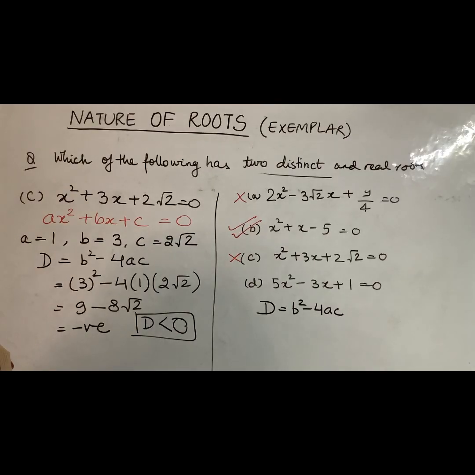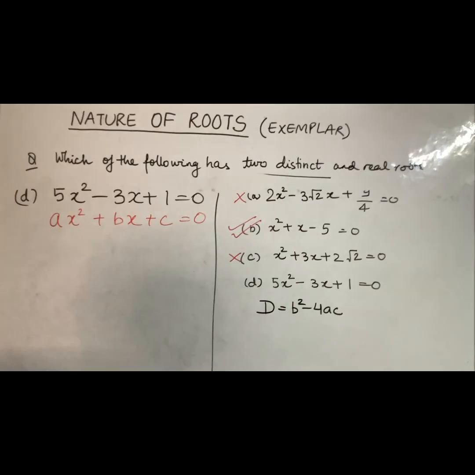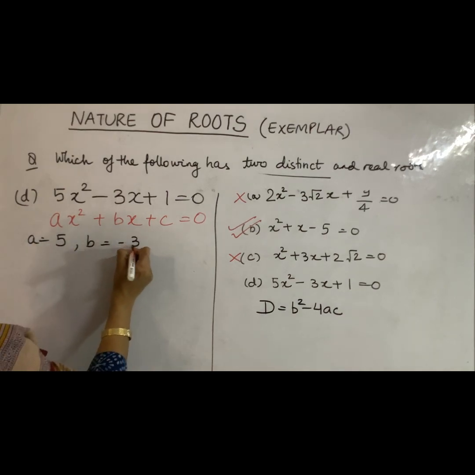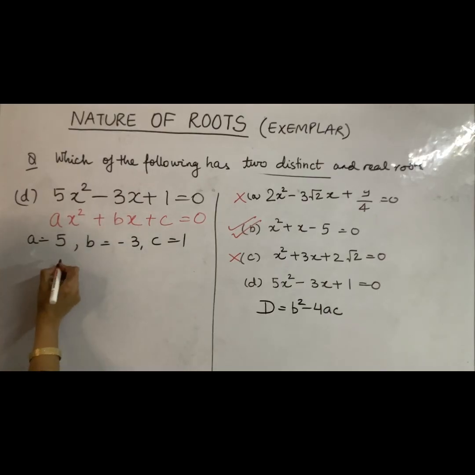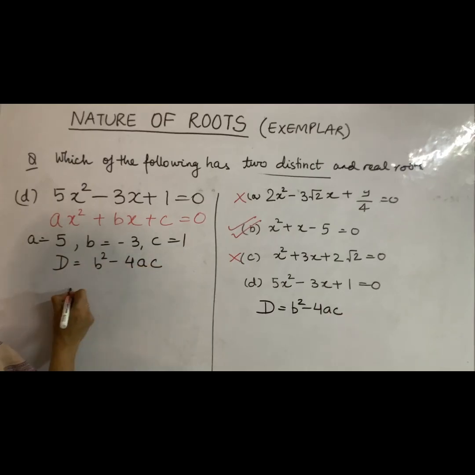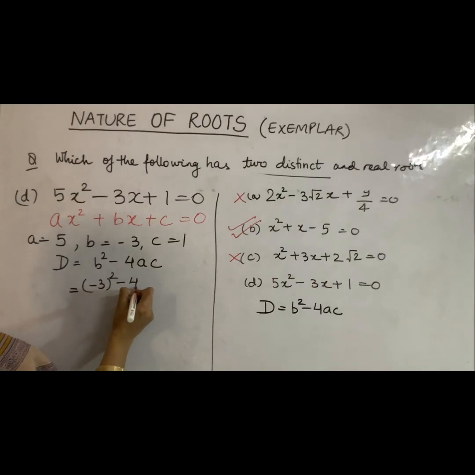This has imaginary roots. The D part, 5x square minus 3x plus 1 is equal to 0. If we compare it with the standard equation, we get a is equal to 5, b is equal to minus 3 and c is equal to 1. To find out the discriminant, it is b square minus 4ac. b square is minus 3 square minus 4 into 5 into 1.